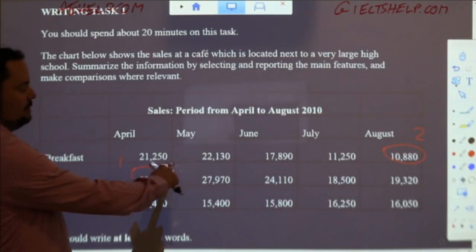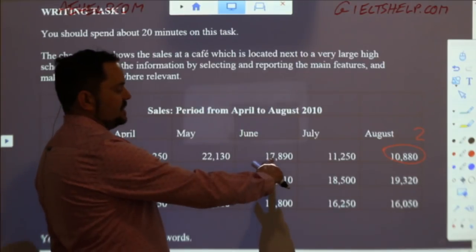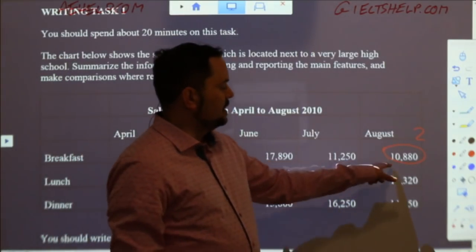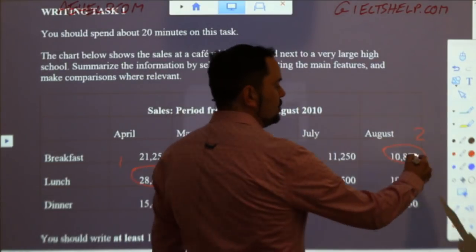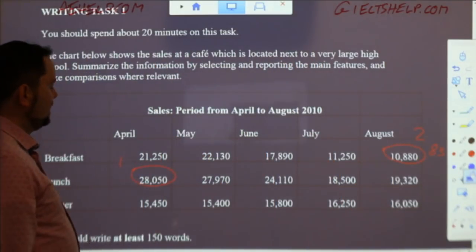So if I want to do that very quick and easy, all I have to do is say 21 plus 22 is 43. 43 plus 18 is 61. 61 plus 22 is 83. So this is roughly 83,000, okay? And then I keep going with these other ones.